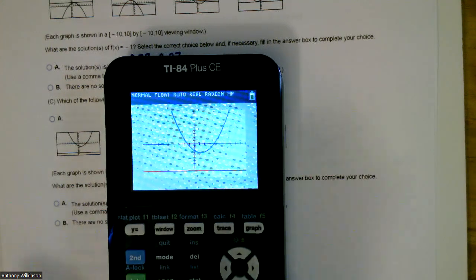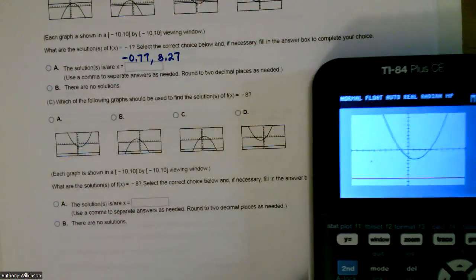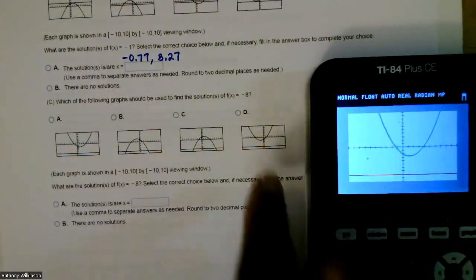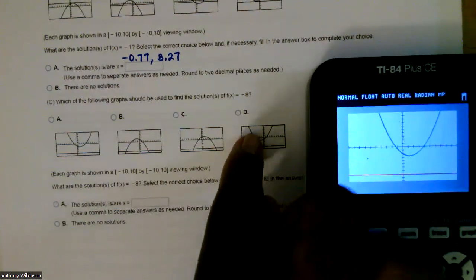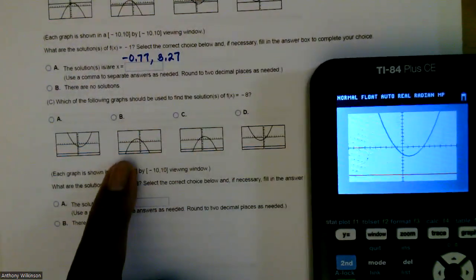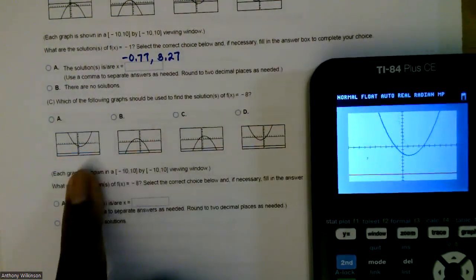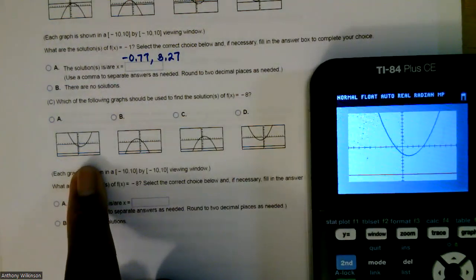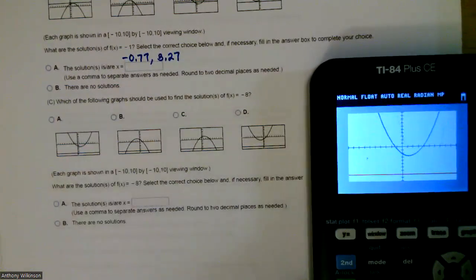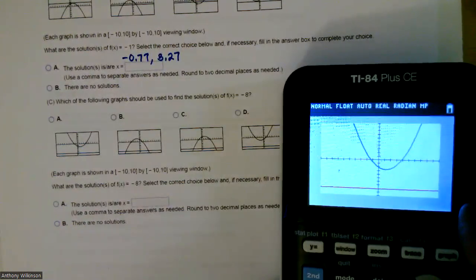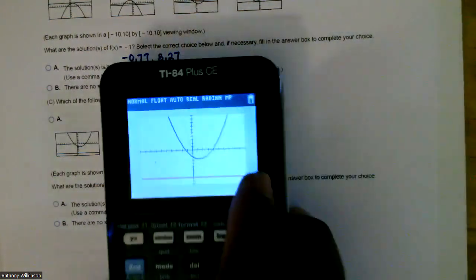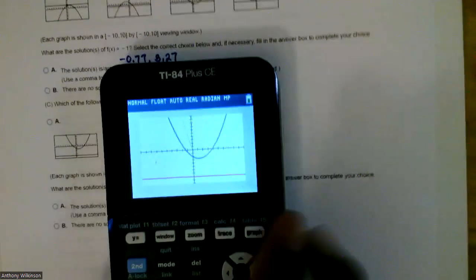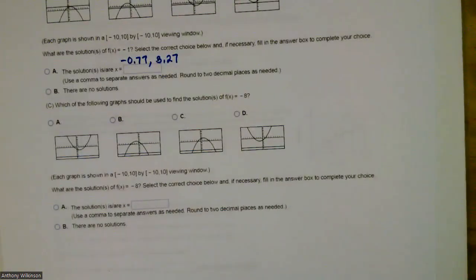And the graph that fits this one has to be A, because D doesn't look right, this looks better. It'll have to be A in this case.